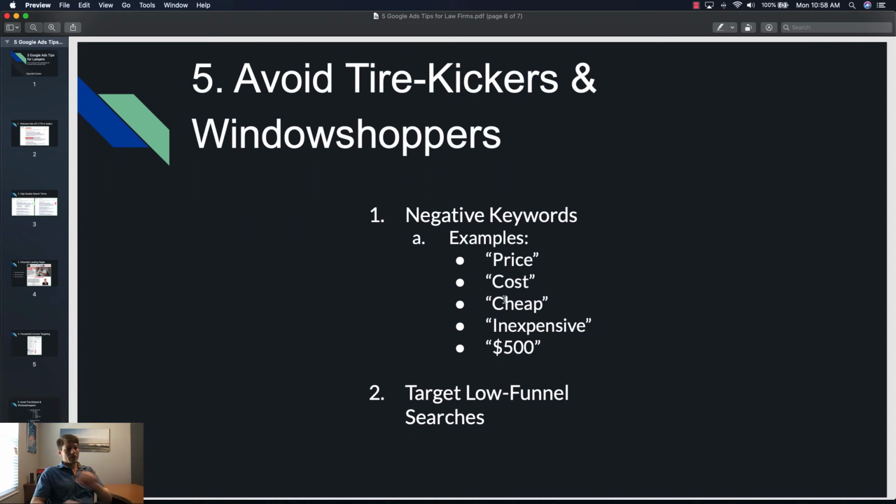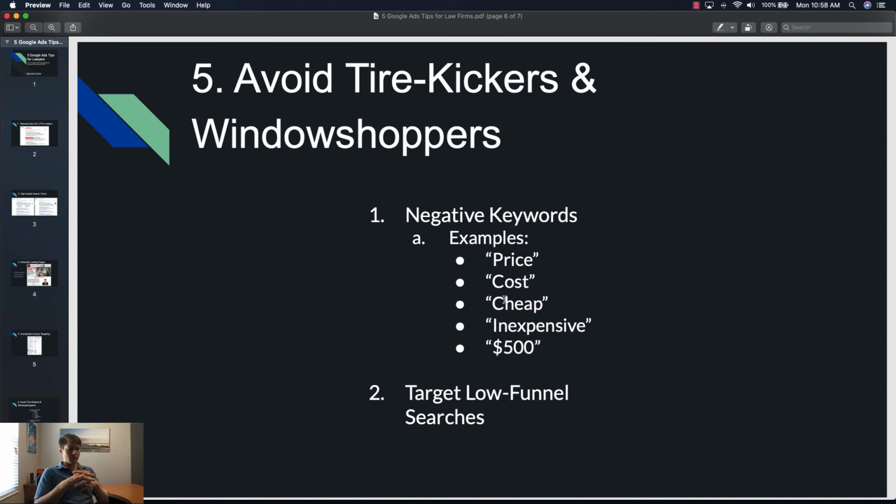Same with cost, cheap, inexpensive, and $500. That is, unless of course you're an attorney that handles those types of cases, or you have a lower retainer for your divorce cases, then it's an entirely different animal. But it really does depend on how your business actually works. So it's unique to each law firm.